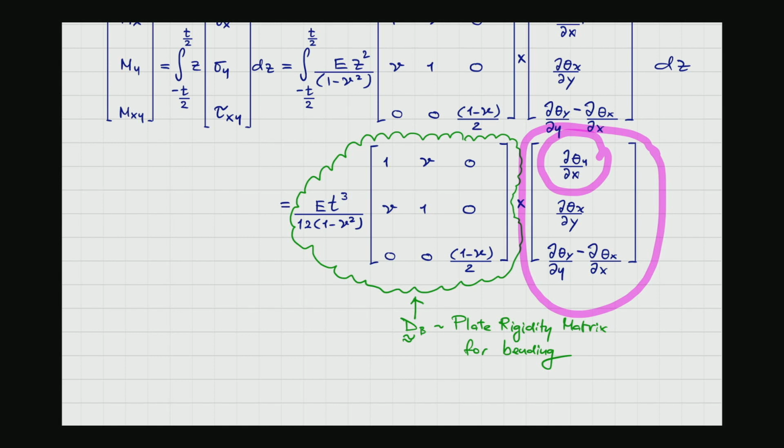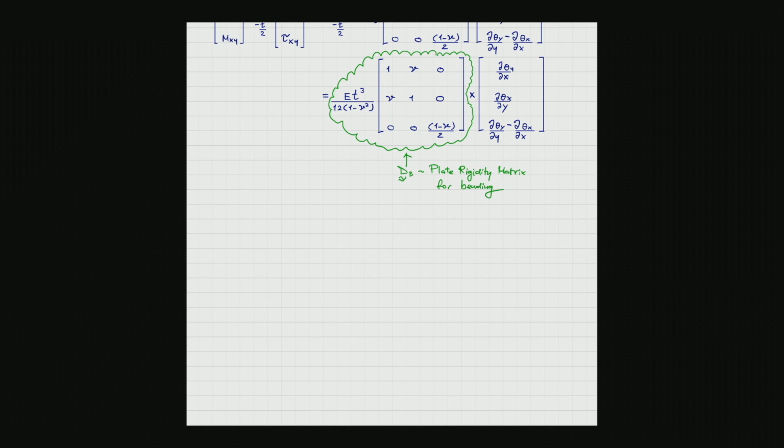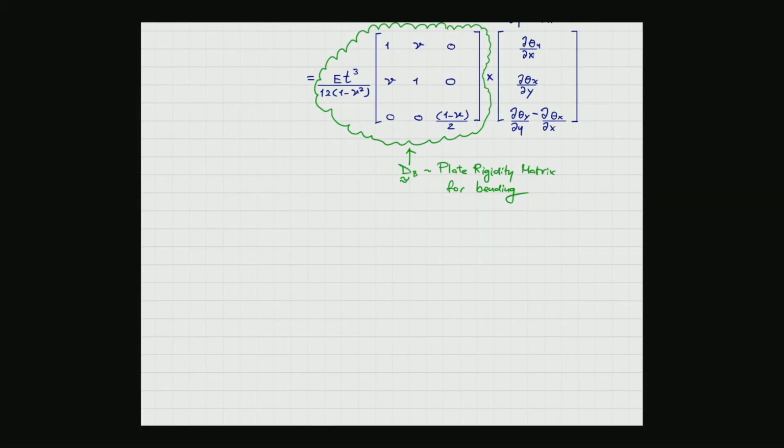So the point is that the matrix here is going to be used for the relationship of this matrix as the combination of the B matrix and the nodal point displacement or rotations.